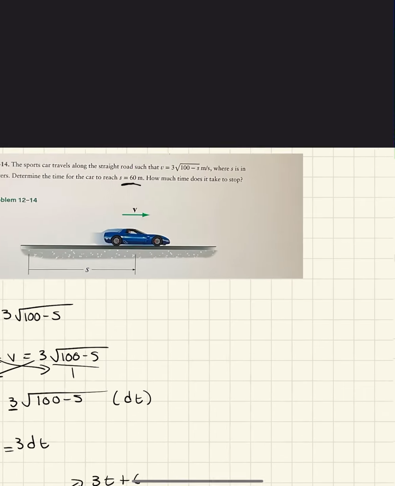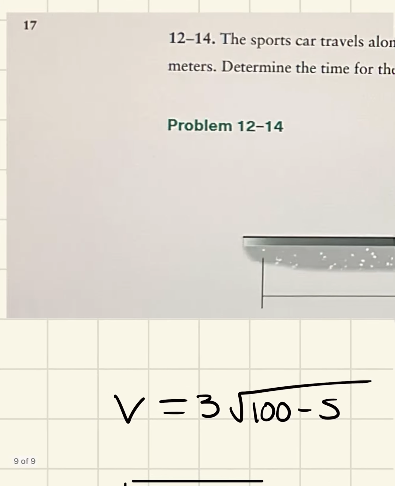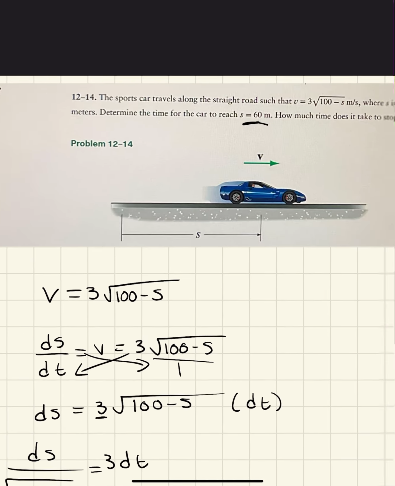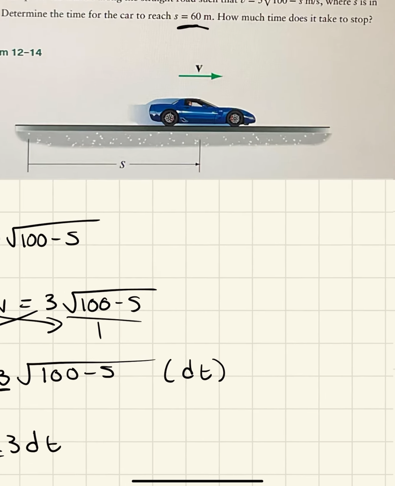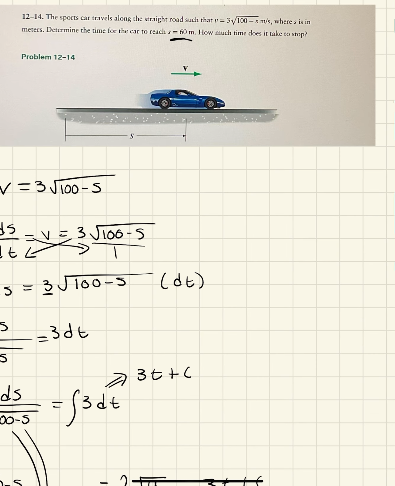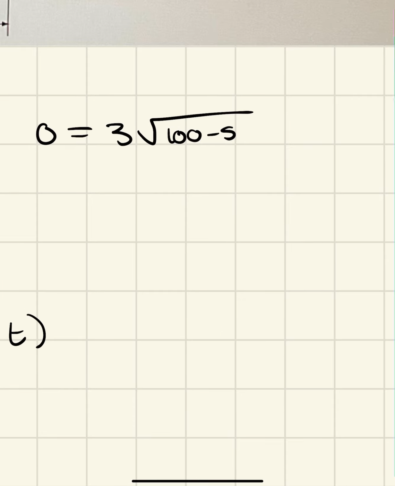Now the second part of the question asks, how much time does it take to stop? So we can go back to our first function here, which is the velocity function. We know that when it stops, the velocity is going to be equal to 0. So 0 equals 3 root (100 minus s), and we know that if we plug in 100 for s, this equals 0.